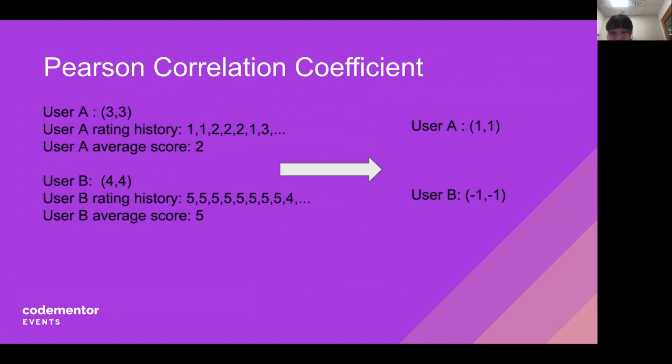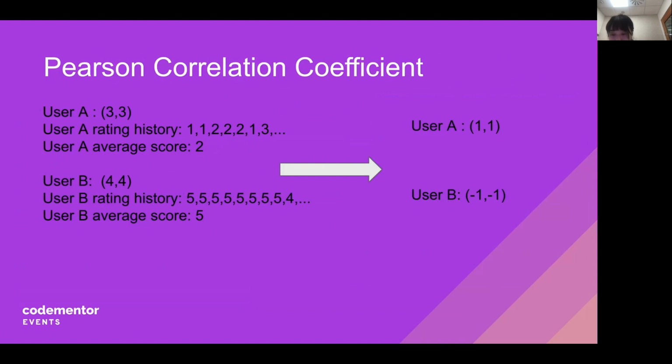To calibrate cosine similarity, we can introduce Pearson correlation coefficient and use the user's average rating to calibrate every vote given by that user. So in the example from this slide, let us assume user A's average score is 2 and user B's average score is 5.